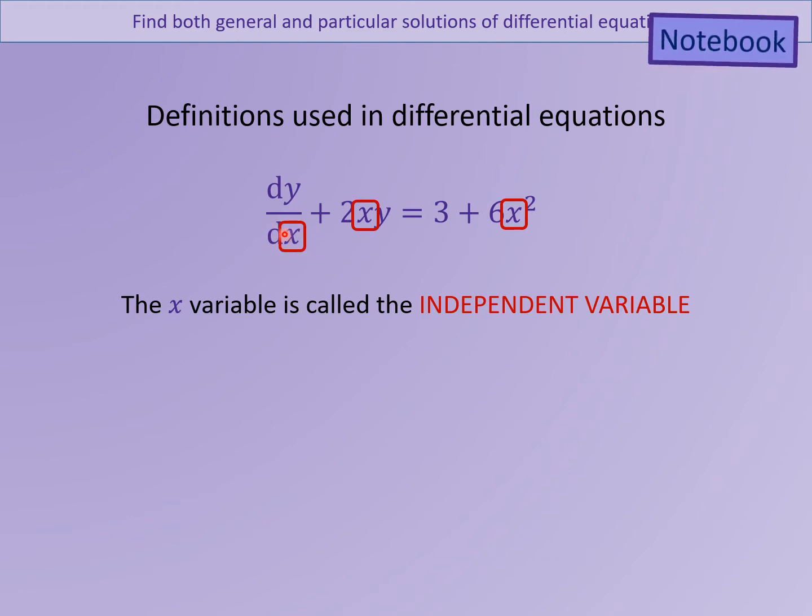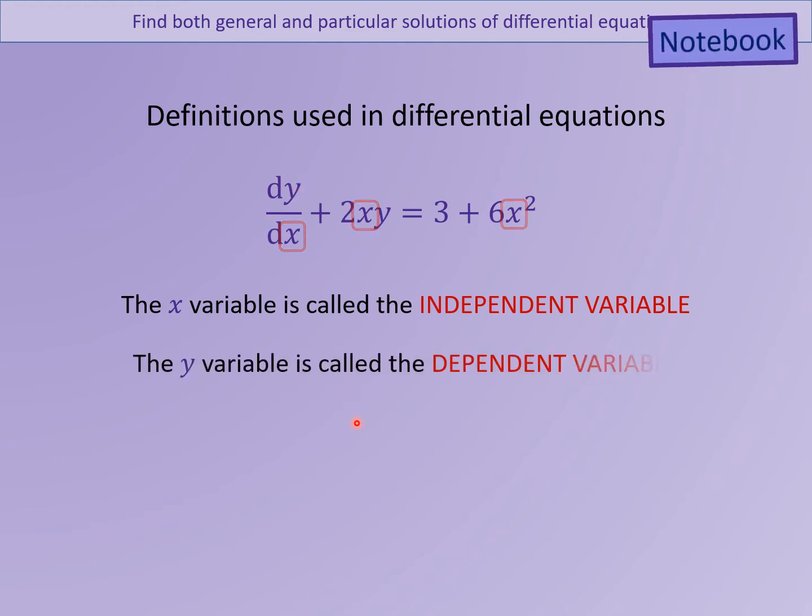And because that's on the bottom part, on the denominator just there, that is what's called the independent variable. So the independent variable is the one that's on the denominator part of your dy over dx. Okay. No surprises then, the bit that's on the numerator, the y value, is called the dependent variable.